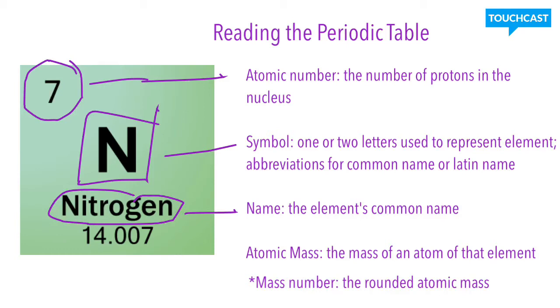In this case, 14.007. Also important is the mass number, which you may or may not see on different periodic tables. The mass number is the rounded atomic mass. So for nitrogen, you would round 14.007 to 14 for the mass number.